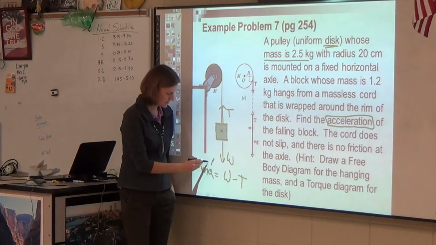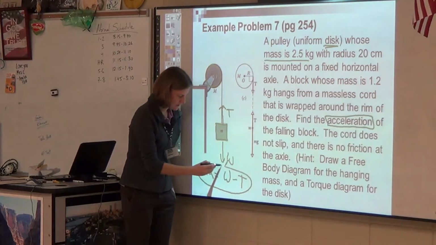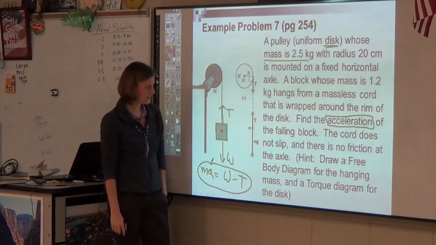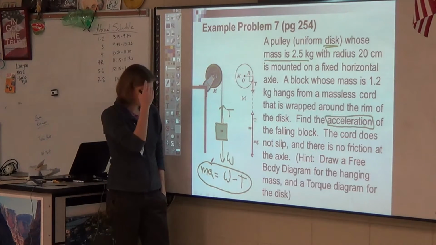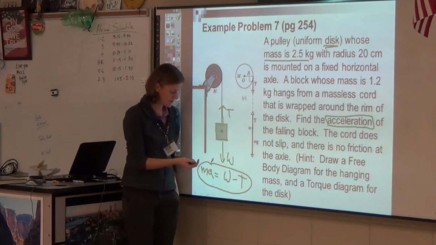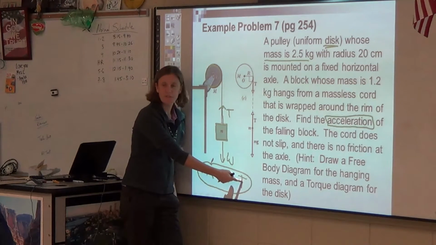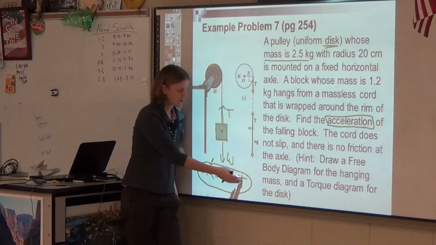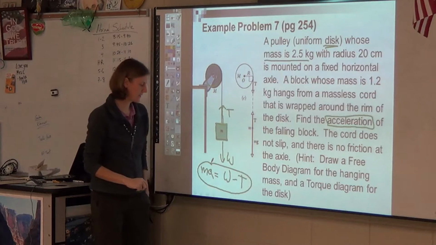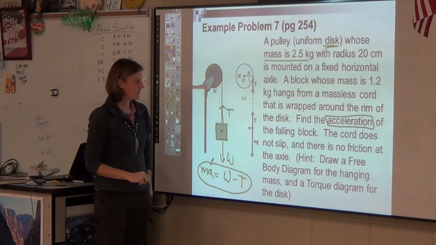So we would typically write something like that. So that's part of our solution that we will need. Right, but I don't know what T is. If I knew the tension in the cord, I would be done. I wouldn't need to know anything about rotation. I could solve it as is. But I don't.